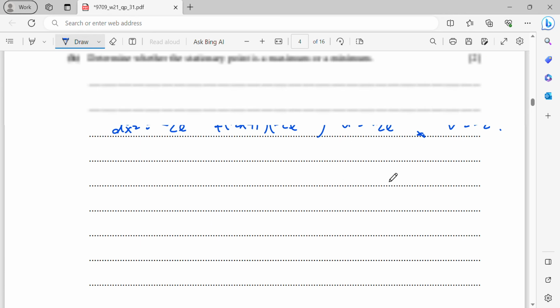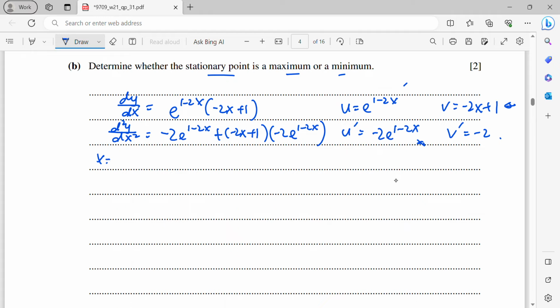So when x equals half, my d squared y over dx squared is going to be negative 2e^(1 minus 2 times half), plus negative 2 times half plus 1, then multiplied with negative 2e^(1 minus 2 times half).